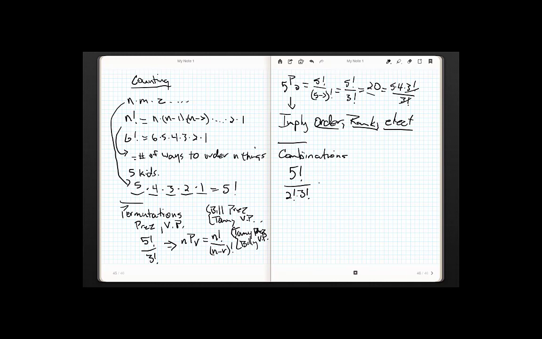So what I end up with is 5 factorial over 2 factorial times 3 factorial, and by the same sort of tomfoolery over here, hopefully you see that 2 factorial is 2, you end up with 10 ways to do that. There are 10 ways to select 2 things from a total of 5 if, this is the biggie, order doesn't matter. That's really key. If you don't see that, you're going to have issues.